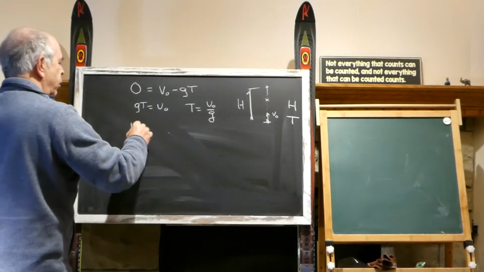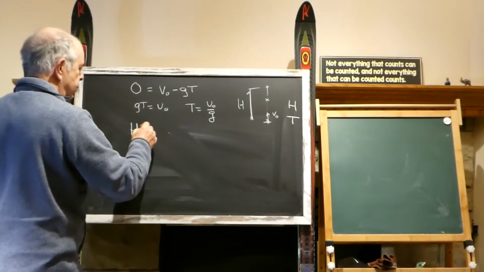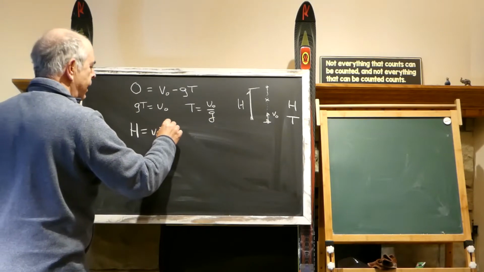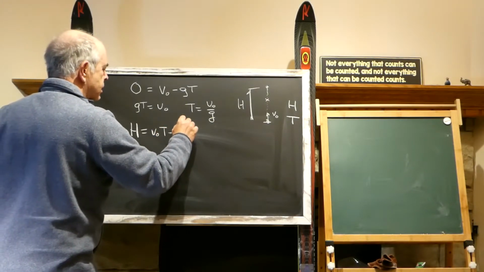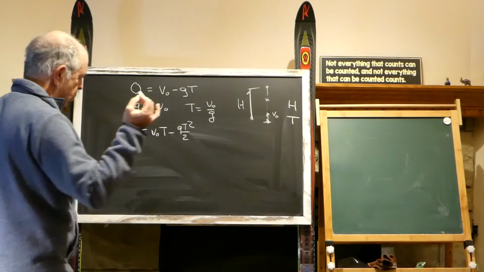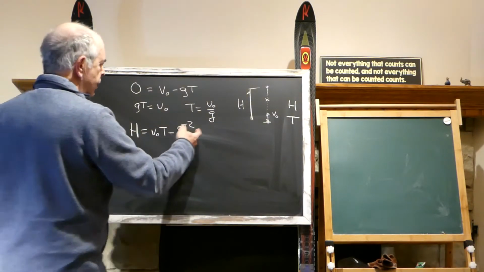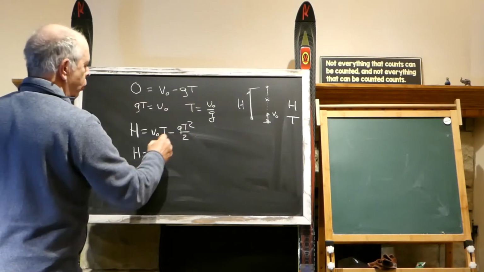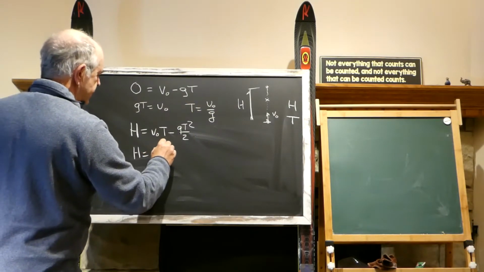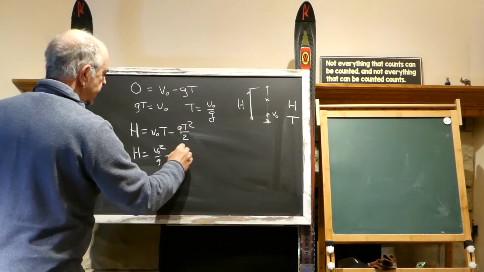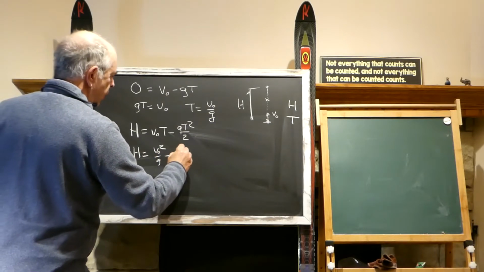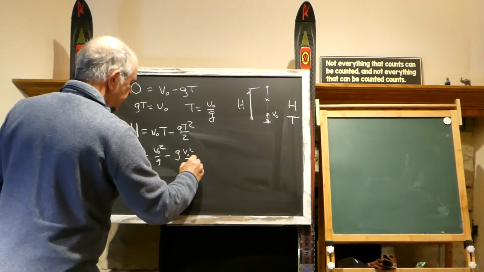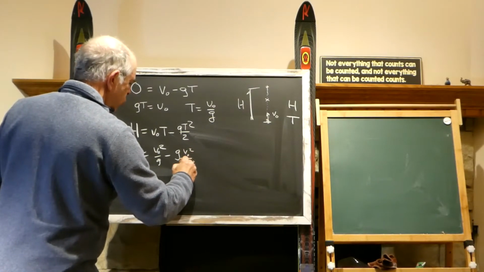two formulas for h, whichever you want. The first formula is initial speed v0 multiplied by t minus gt squared over 2, because you can live only with this formula. Put here v0 over g for t, so it would be v0 squared over g minus g times v0 squared divided over g squared, and here would be 2.